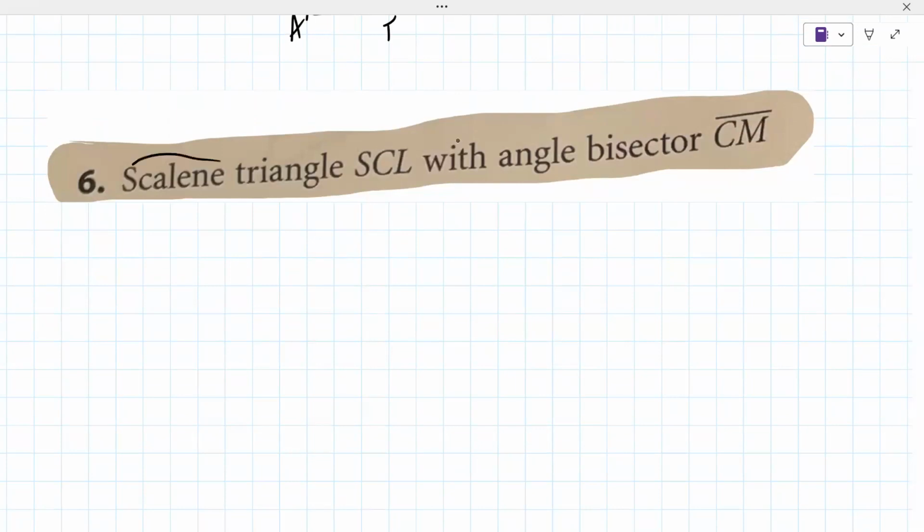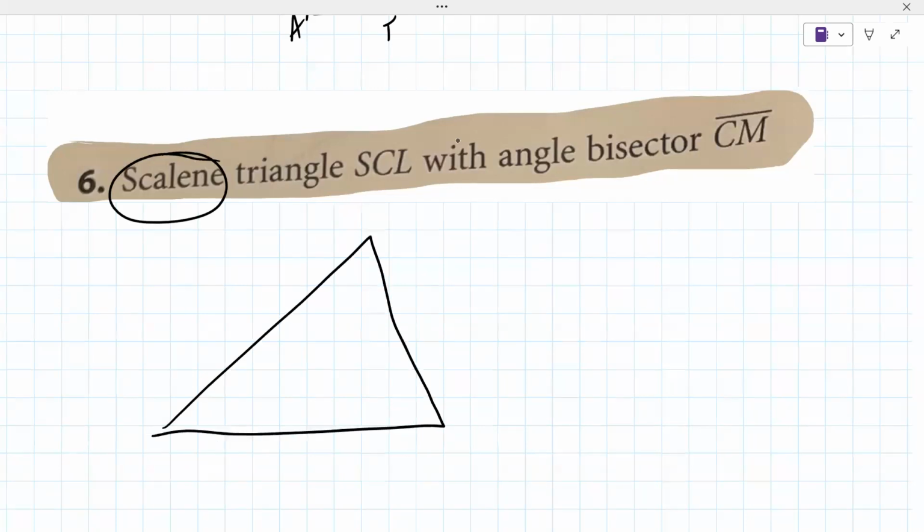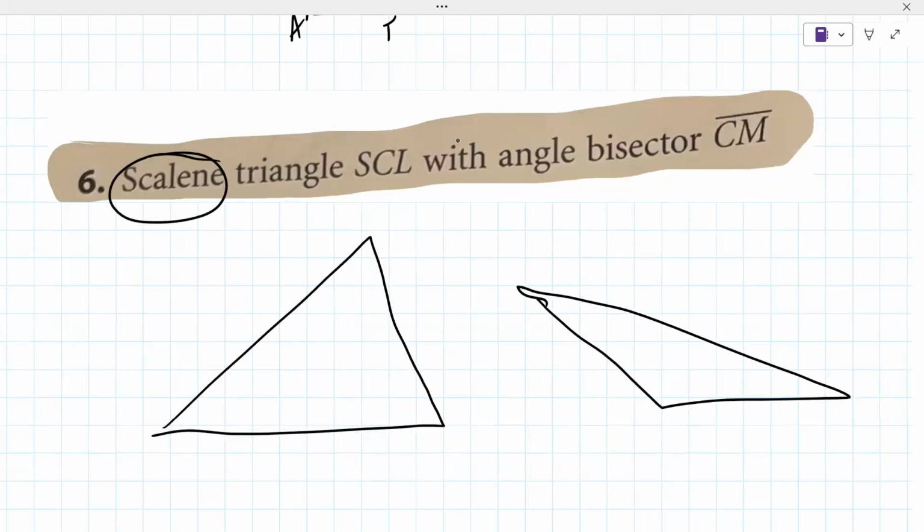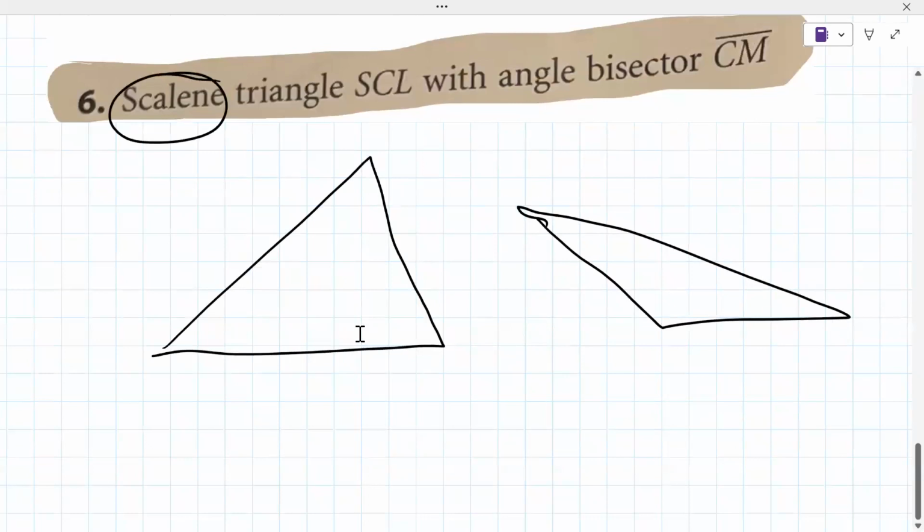So scalene, what does that mean in this case? So no sides are congruent. That's right. This one is scalene and this one is scalene. There's a lot of possibilities. Probably the easiest triangle to draw, huh? Yes. And you don't even have to make a new one, you can just draw the same one over and over again for the most part.